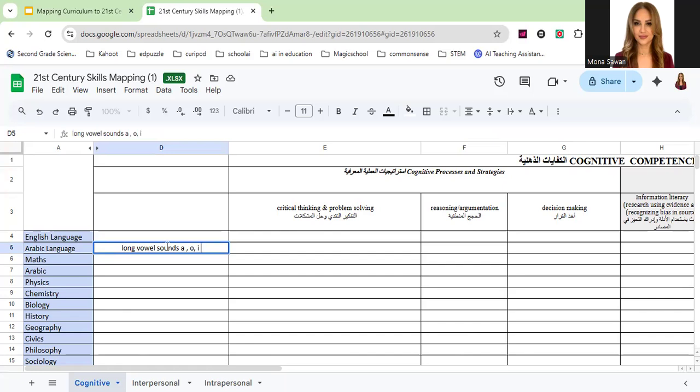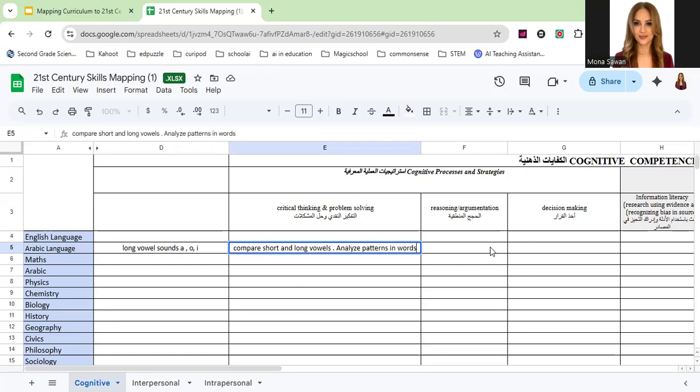First, I focus on cognitive competences, as I mentioned before. So here I design how students think: critical thinking and problem solving. Compare short and long vowels. Say, analyze patterns in words.